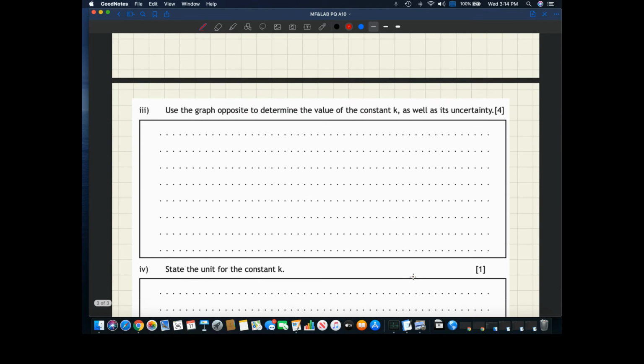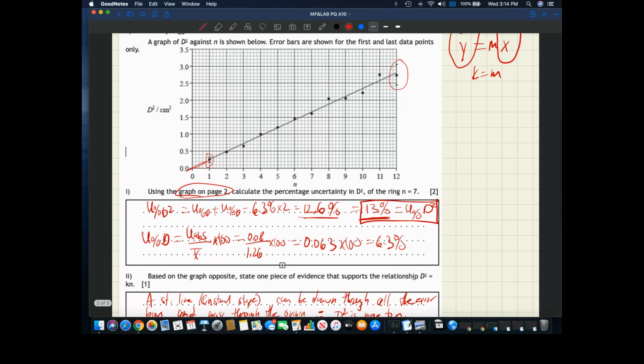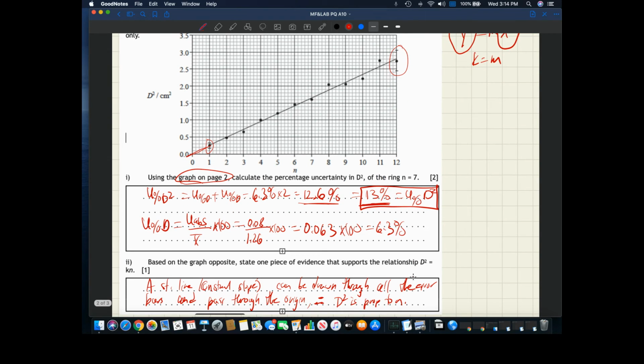All right, so use the graph to determine the value of the constant K as well as its uncertainty. Well, we went a little bit out of order here, but let's go back to our graph. Our origin is 0, 0. Our y-axis is D squared. X-axis is N. The y-intercept is 0, 0. So that's both the x and the y-intercept. So at n equals 0, D squared equals 0.